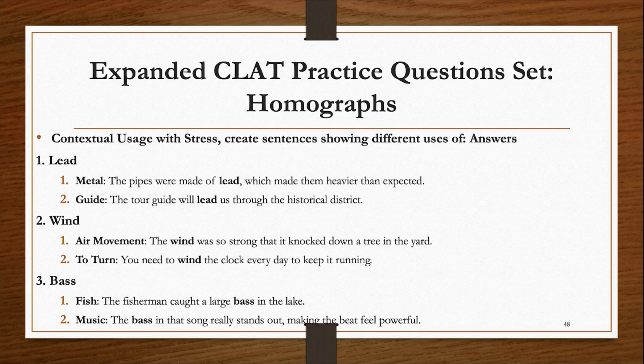LEAD, as a metal: the pipes were made of lead, which made them heavier than expected. Whereas as guide: the tour guide will lead us to the historical district. LEAD is pronounced differently in different contexts. WIND, first, air movement: the wind was so strong that it knocked down a tree in the yard.